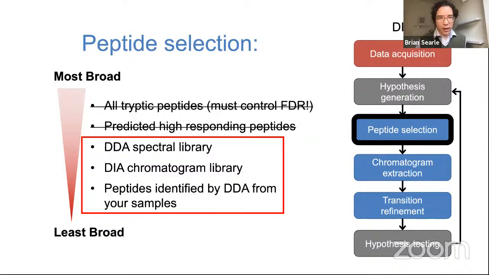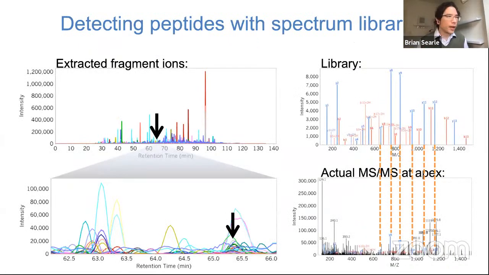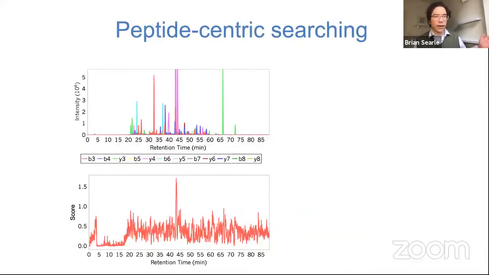But most of the way we think about this is from thinking about libraries, specifically DDA spectral libraries, because that's the most common way to think about this type of peptide. So again, thinking about what we talked about earlier about extracting out fragment ions, where we're looking at the library spectrum versus actual spectra, the way we try to make this detection is we monitor over time.